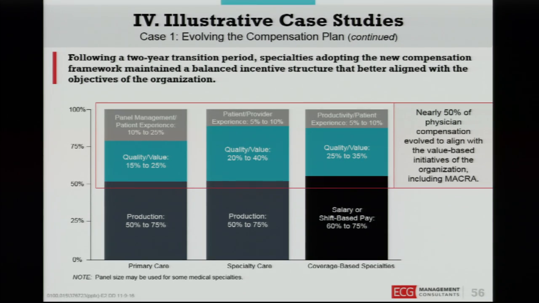So for the high producers, it may be less than 10% of their total compensation. And for the low producers, it may be more than 10%. But most of them come in fairly close to that median income. And if we were to make it 20%, we would just double it. We would just say 20% of the median income for that specialty. So that's one way to do it.